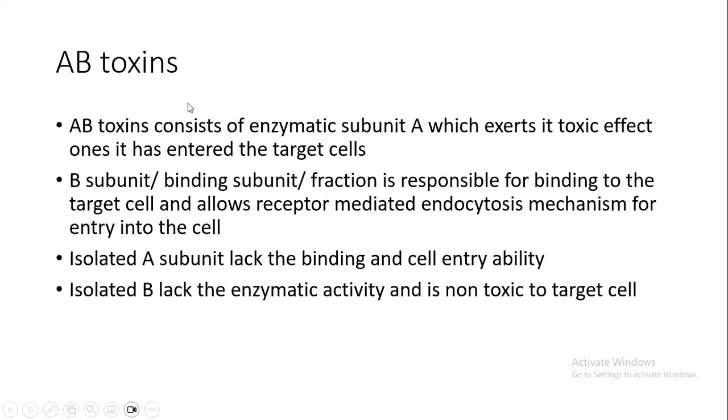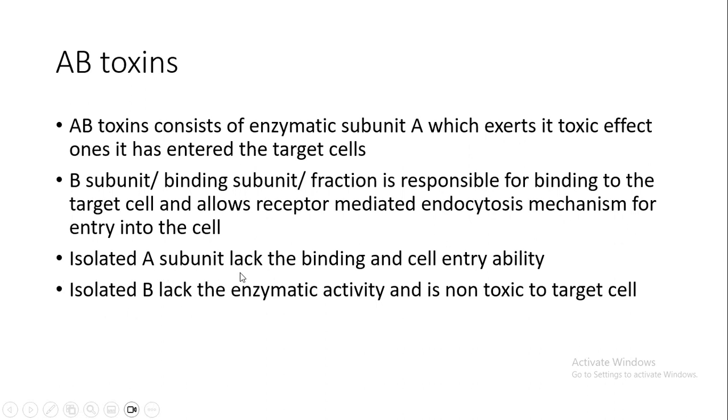So the first category, the AB toxin, as already discussed, consists of two subunits, the A and the B subunit. The A subunit is the enzymatic subunit which exerts a toxic effect, and the B subunit, also known as the binding subunit or binding fraction, is responsible for binding to the target cell and allowing receptor mediated endocytosis for the entry of the toxin inside the cell.